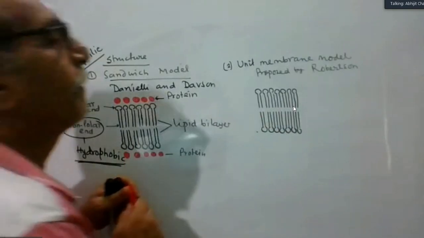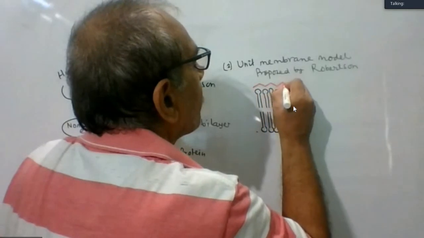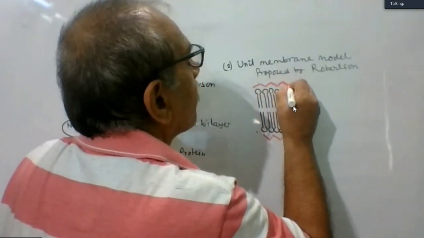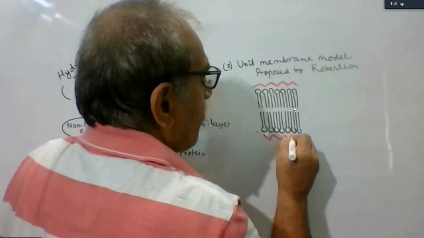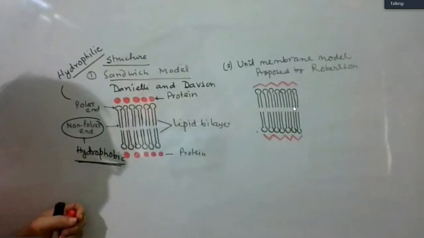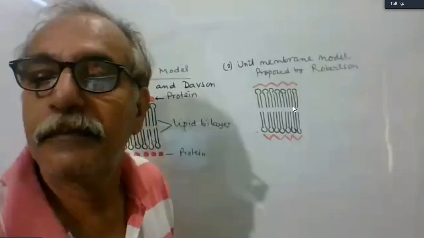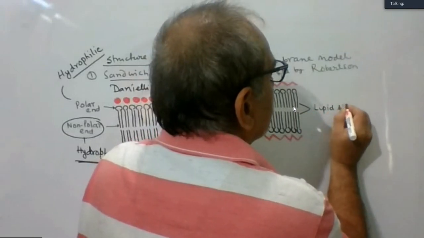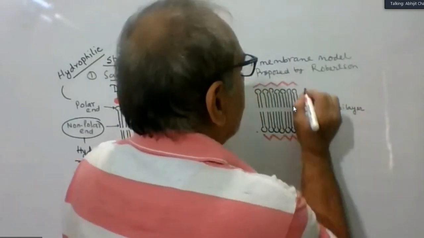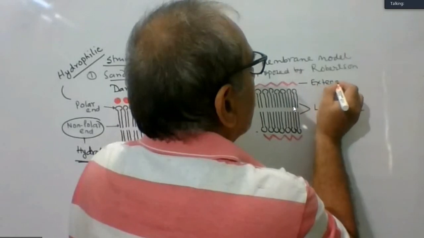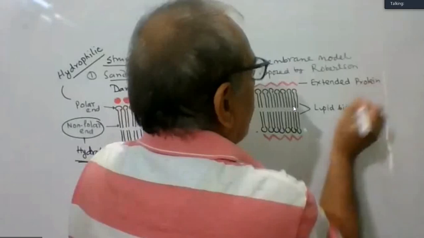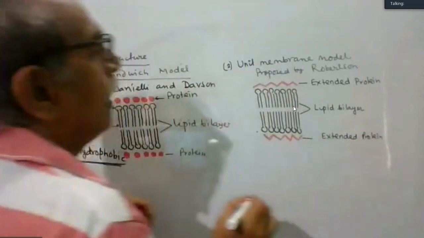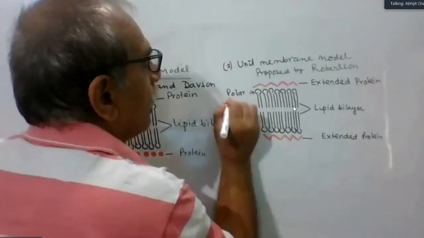So here again it is the lipid bilayer, with extended protein, and again they are the polar end.